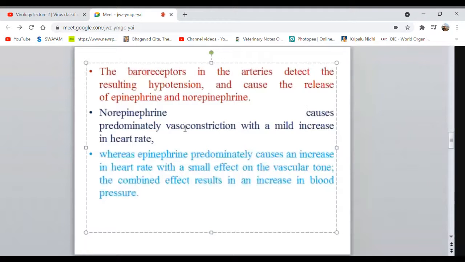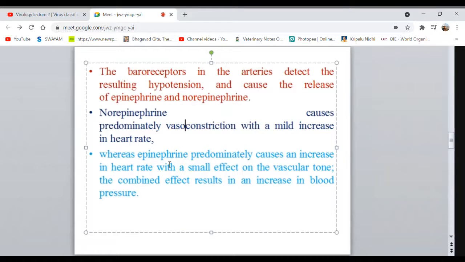So the norepinephrine release results in the vasoconstriction. The blood vessels constrict, so there will be an increase in the blood pressure, and there is also a mild increase in the heart rate. So this is the function of the baroreceptors in the arteries.